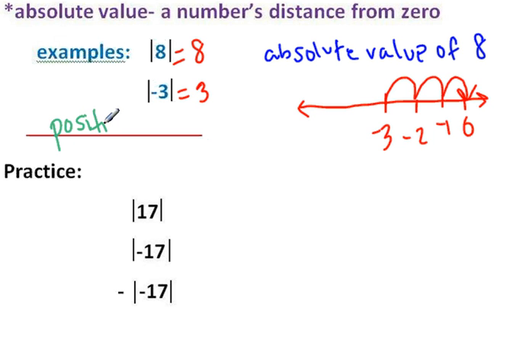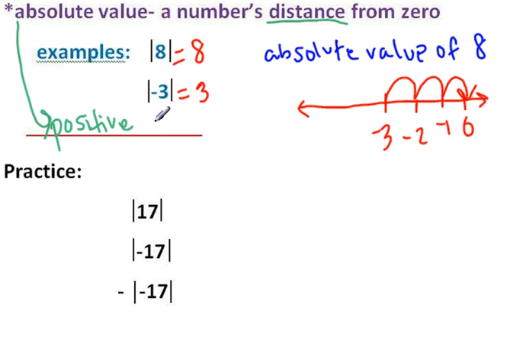And in your notes, this is going to be important to write down. Absolute value is always positive. And the reason it's always positive is because it's a distance. I can't go -10 miles in my car. I can go 10 miles in one direction and 10 miles back, but there's no such thing as -10 miles. So what comes out of these absolute value symbols is always positive.